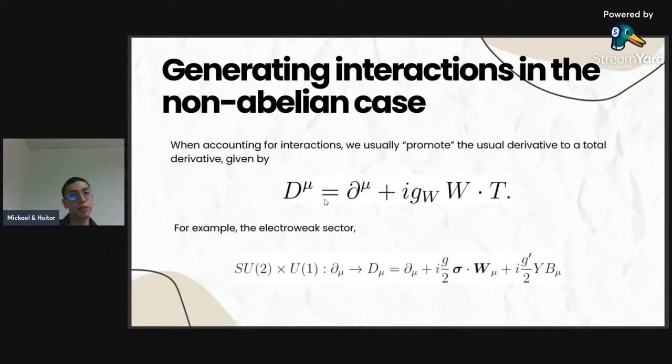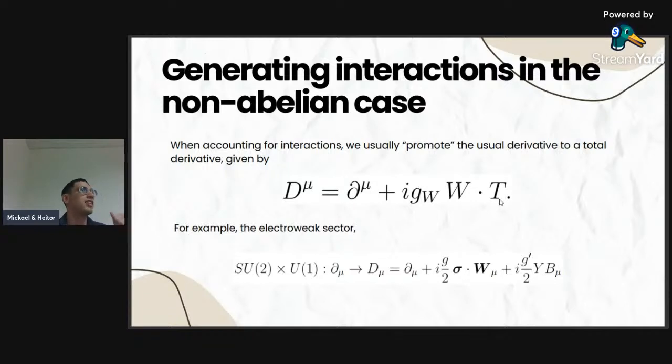For the electroweak sector, we usually define the derivative in this way in here. Here I have the covariant derivative equal to the simple derivative, plus those constants, and the coupling constant of the interaction. I have the gauge bosons, there should be a mu in here, sorry, and I have the generator.